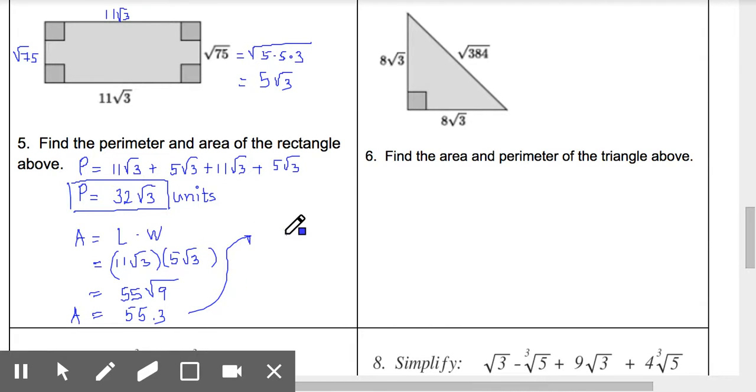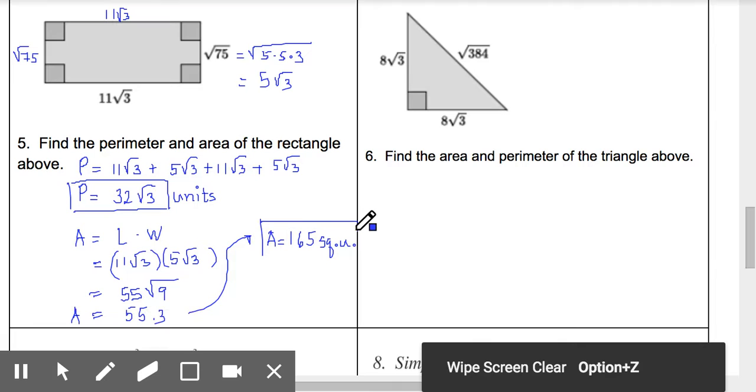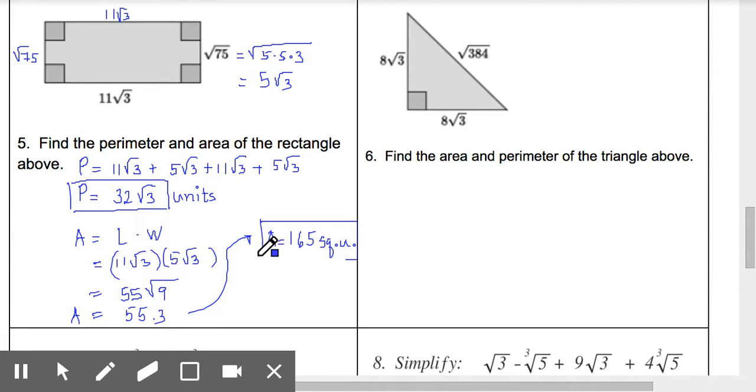Therefore, area is equal to 55 times 3 is 165. And because this is area, units times units, so it's going to be square units. So area is equal to 165 square units.